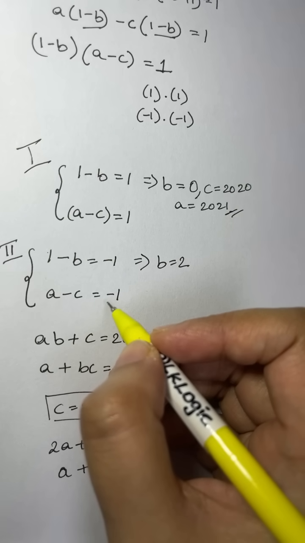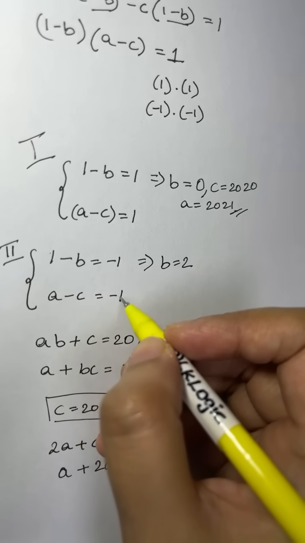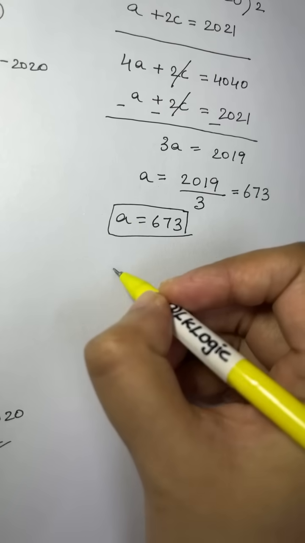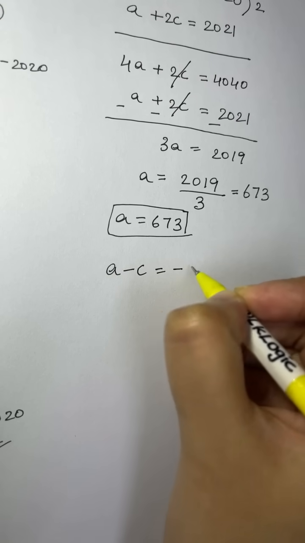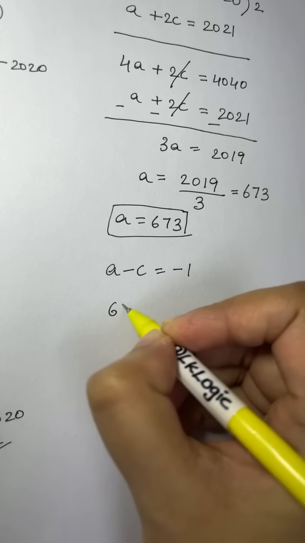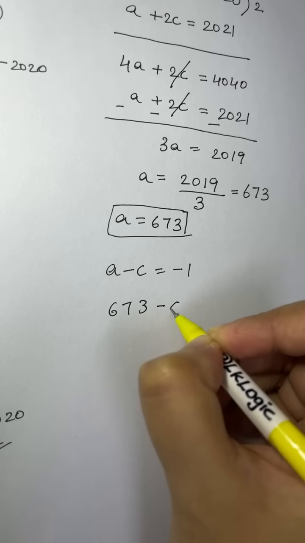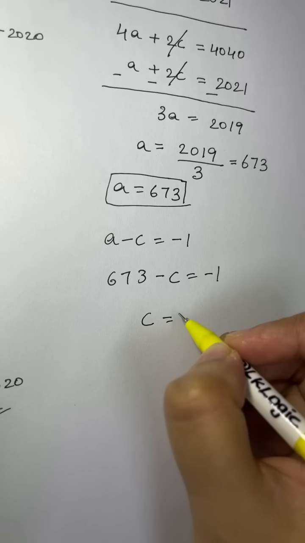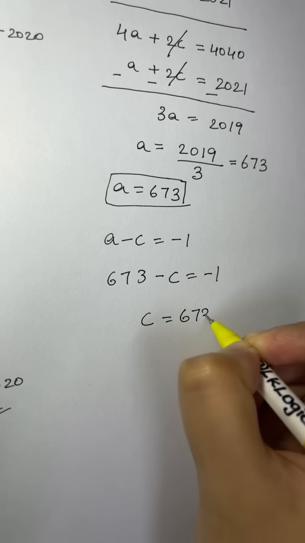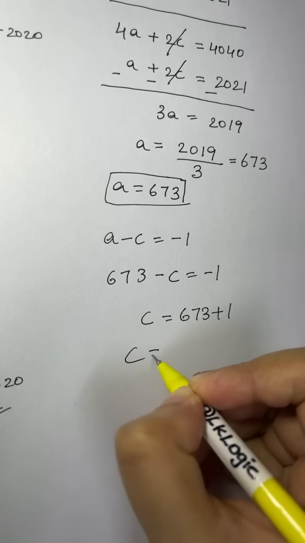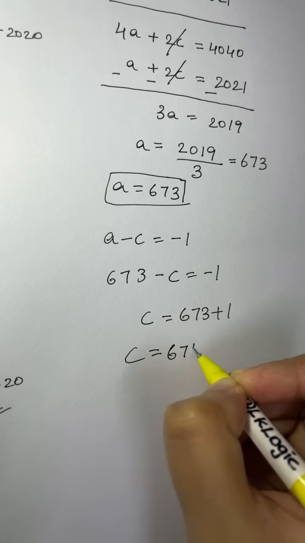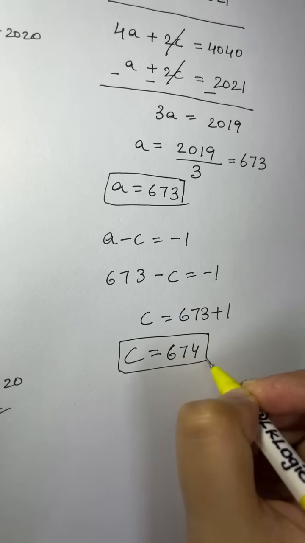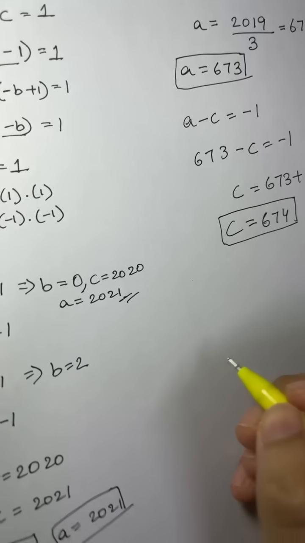So let's substitute in this. A minus C equals negative 1. So 673 minus C equals negative 1. So C is equal to 673 plus 1, which is 674.